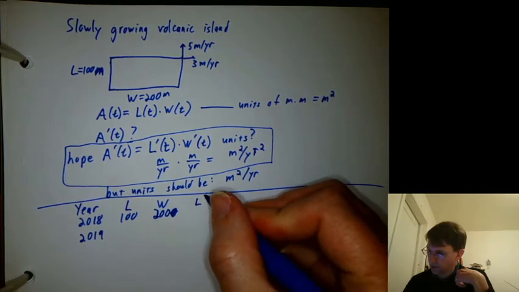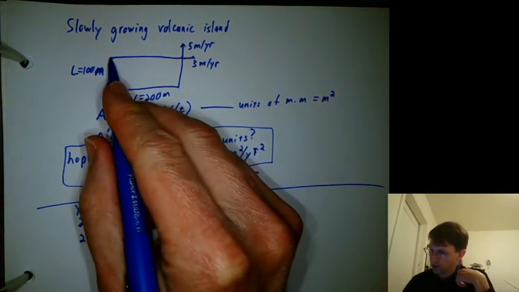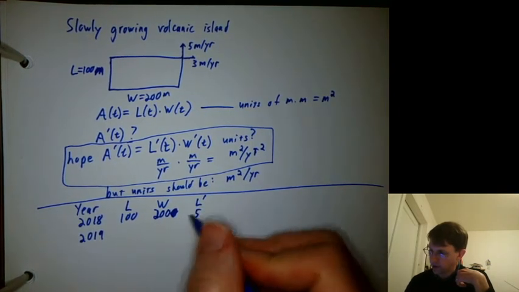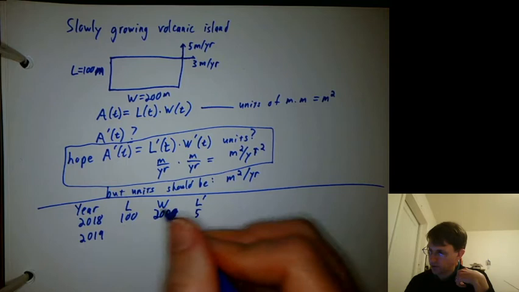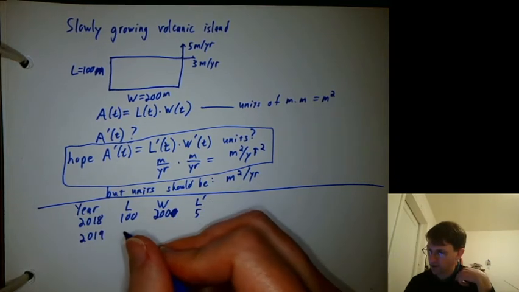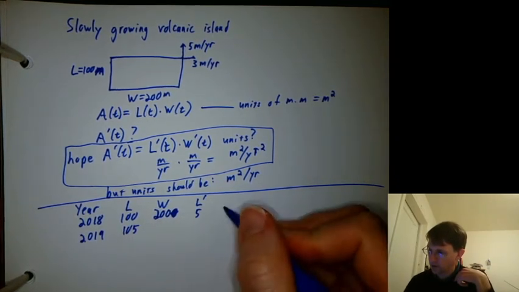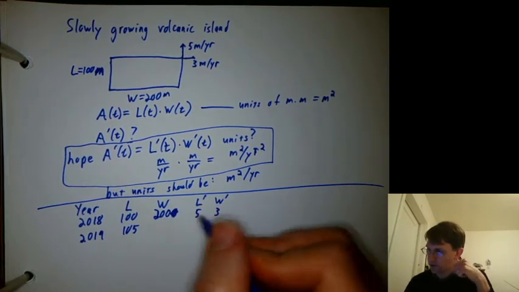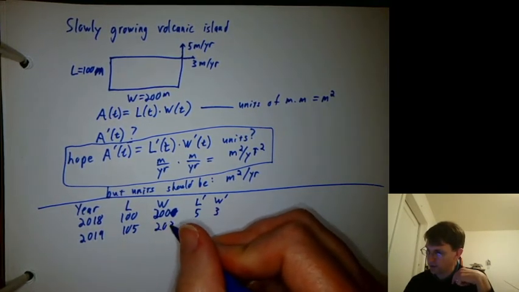Well, we know L prime is 5 meters per year. So it would be the previous value plus 5 meters per year times a 1 year time span, so that would be 105. W prime was 3, so it would be 200 plus 3 times a 1 year time span, so 203.